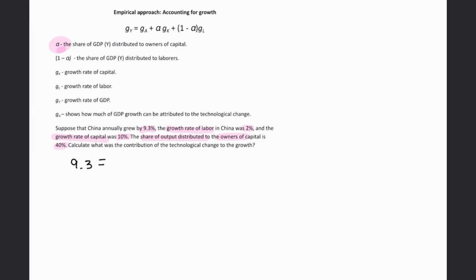So we have 40% going to the owners of capital, so the remaining 100 minus 40 equals 60%. If you turn that into a number, it's 0.6. So the next part is going to be 0.6, and then we need to multiply that by 2 because that's the growth rate of labor.